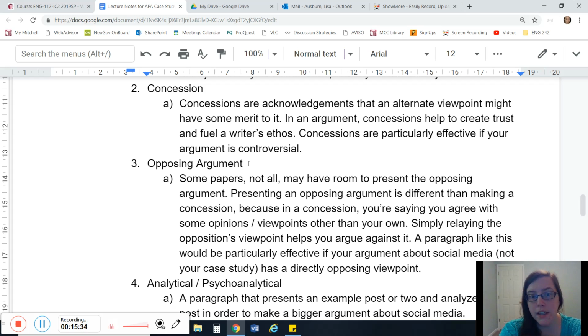In a paragraph like this, you're not necessarily providing any concessions. You're not saying, okay, I do agree with my opponent on these points, however, and then continuing your argument later. You are just saying, the opponent believes this and this. So it's pretty informative, I guess, in its own right. And again, this would be really effective if you are saying something about social media that someone directly disagrees with.